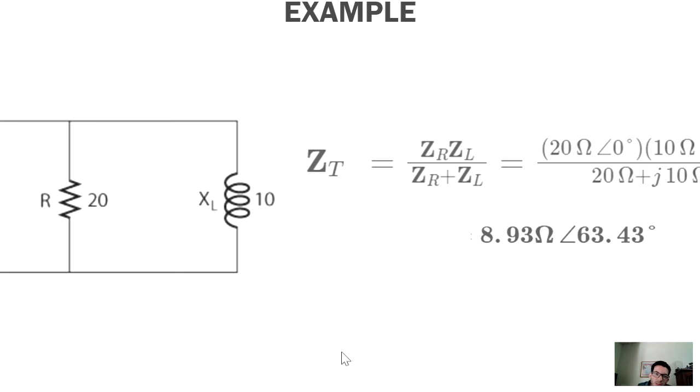So it's very simple because we know that the resistor has 0 phase shift, but the inductor has a 90 degrees phase shift.